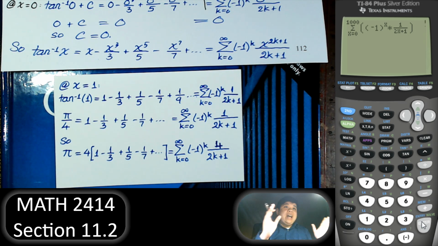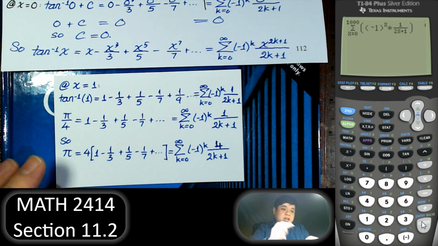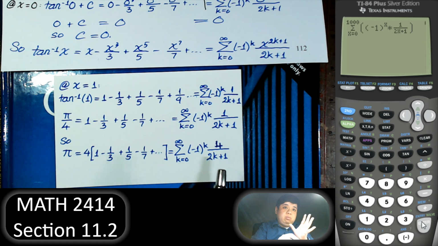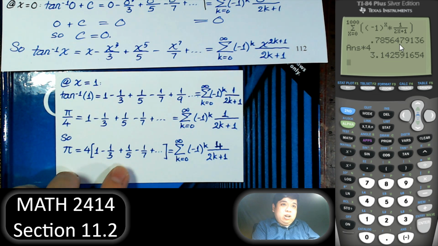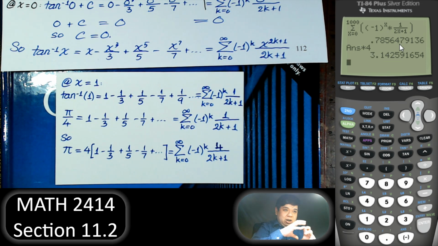So if we have 1,000 terms, what is the 1,001st term, whatever that is? I forgot to multiply by 4, sorry. So that is pi. So this is not a very good approximation for pi, because the rate that it goes to pi is extremely slow.